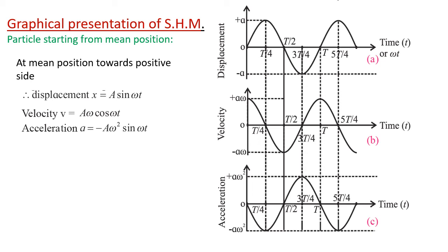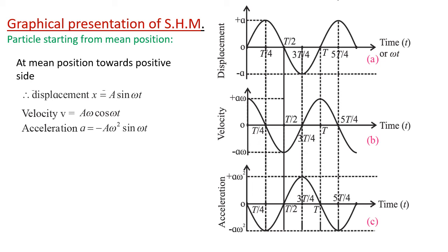The velocity is the time rate of change of displacement, so it will be given by dx upon dt, which gives the expression for velocity as a omega cos omega t, and for acceleration it is dv upon dt, so the expression for acceleration will be minus a omega square sine omega t.